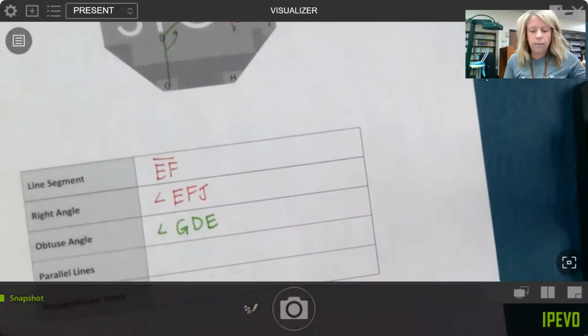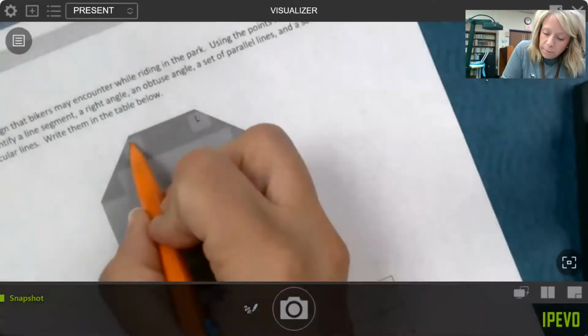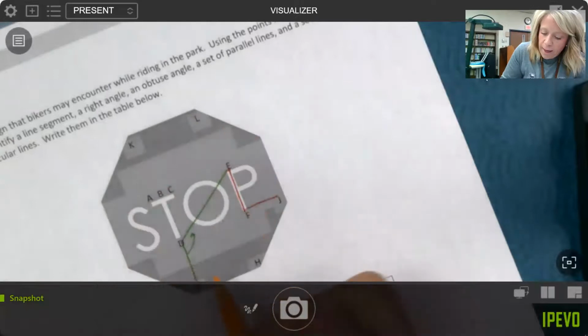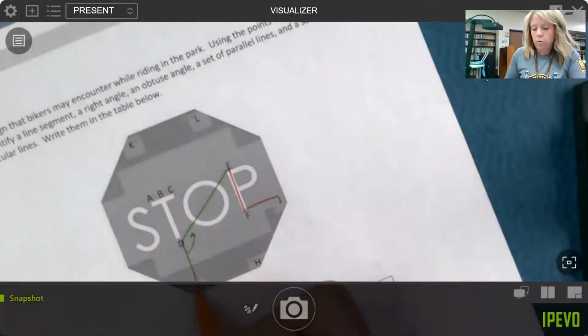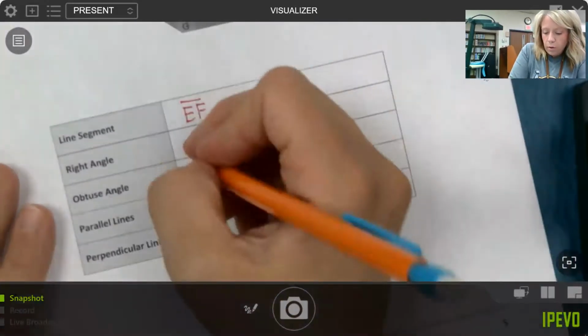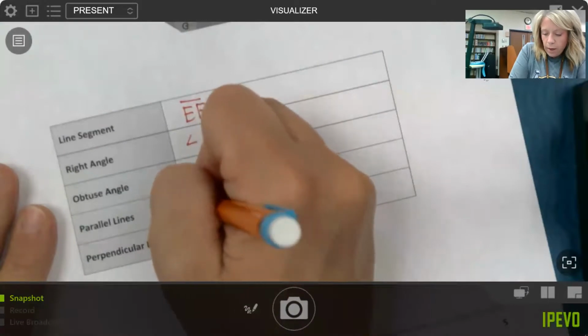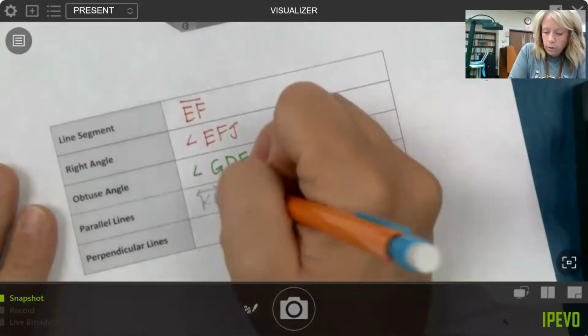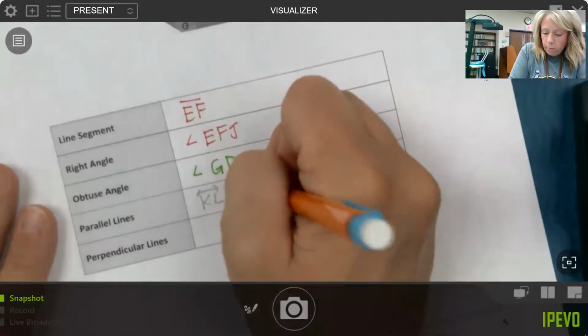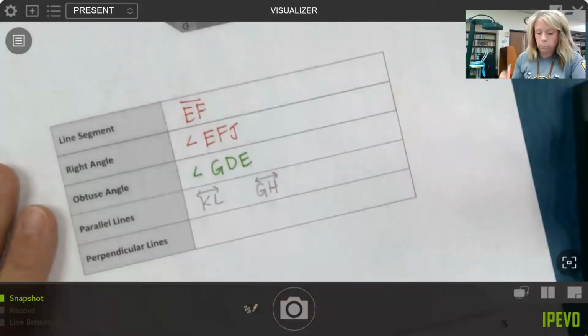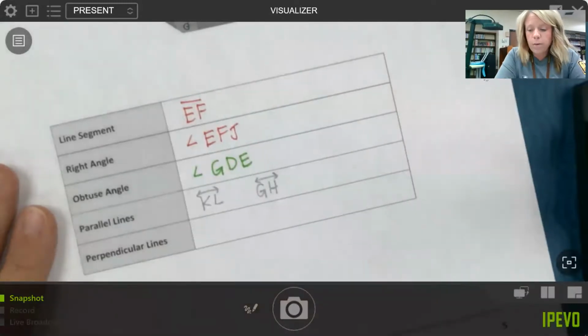Now I need parallel lines, 2 lines that will never touch. Well, if I look at my stop sign, line KL and line GH will never touch. We'll make those line KL and line GH. Now I need perpendicular lines.